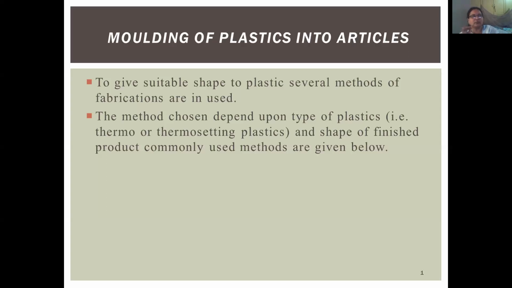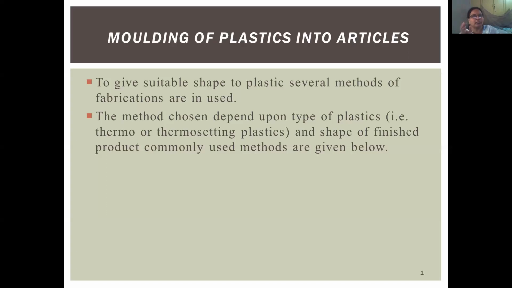The method chosen depends upon the type of plastic, that is, whether it is thermoplastic or thermoset. What is thermoplastic? Thermoplastic is the material which, if heated, gets softened, and if cooled, gets hardened.